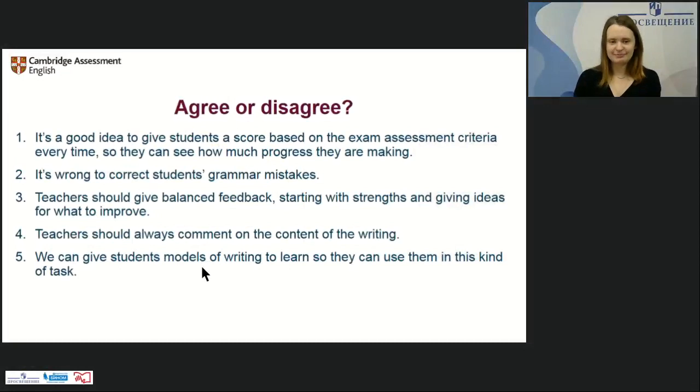Also, as a part of your little homework, you will get the presentation. Have a look at these statements and tell yourself if you agree or disagree with them. Think about how these concepts can influence your assessment process, and how they can help you organize your lessons better in order to make them more and more effective.